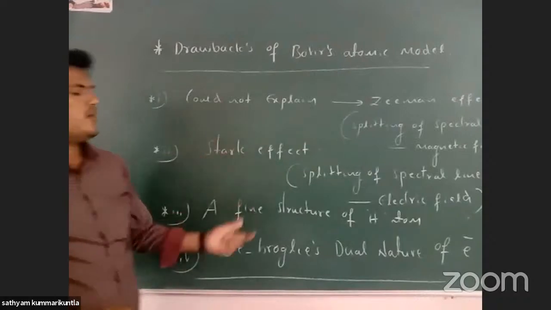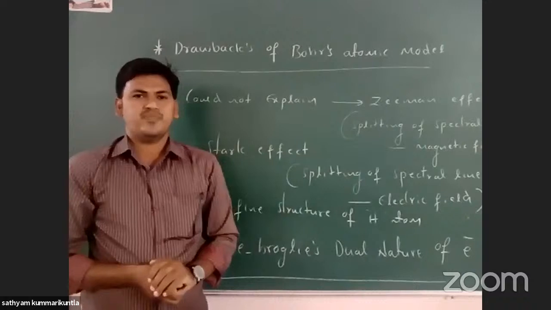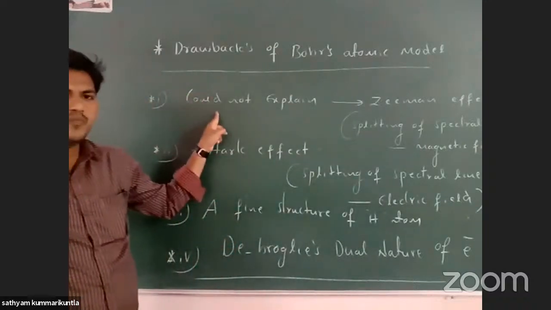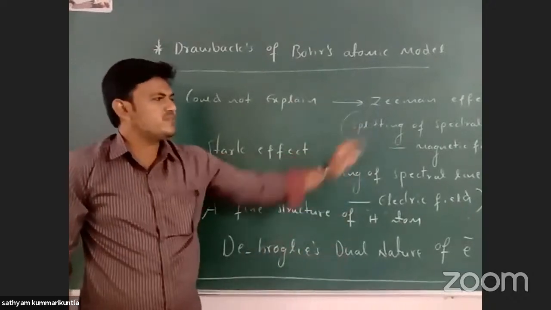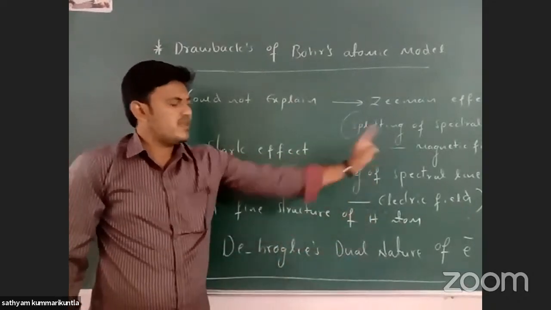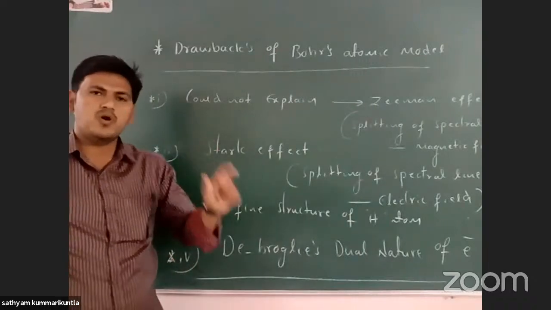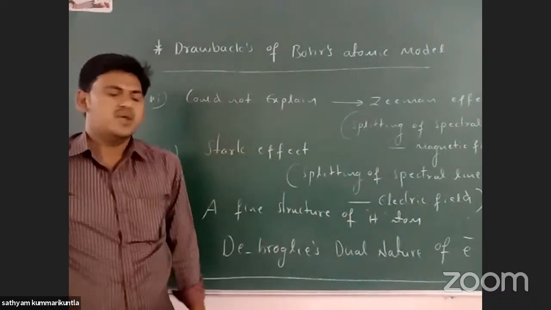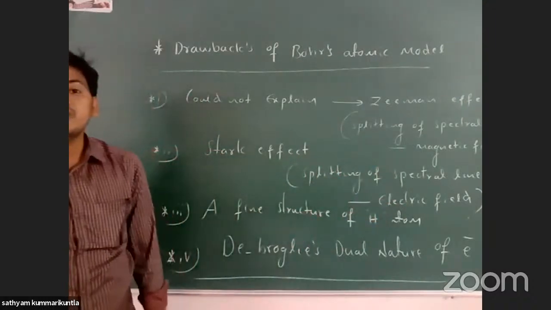So these are the drawbacks or limitations of Bohr's atomic model. Four drawbacks. First, it could not explain the Zeeman effect, splitting of spectral lines in a magnetic field. Second, the Stark effect, splitting in an electric field.